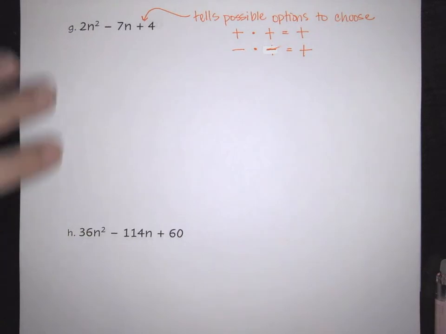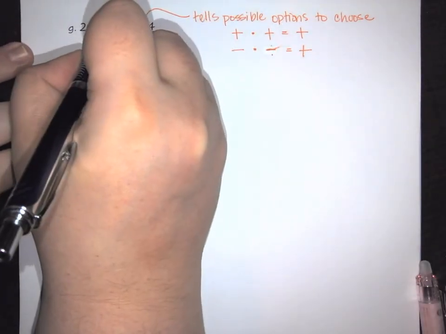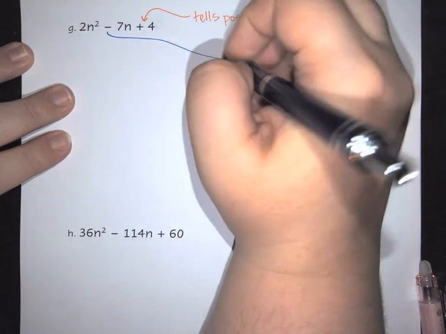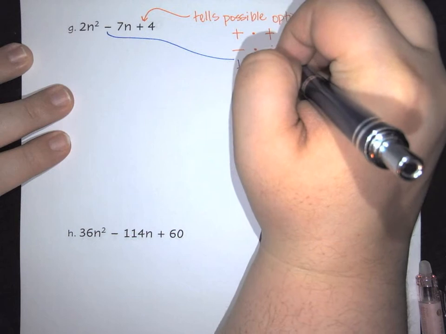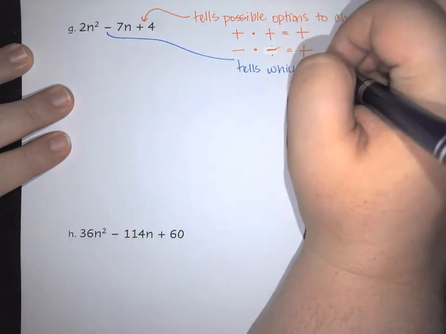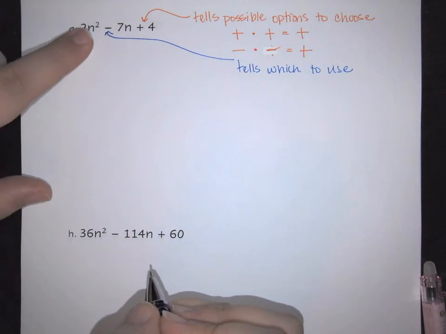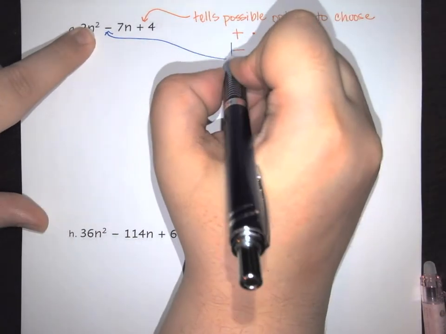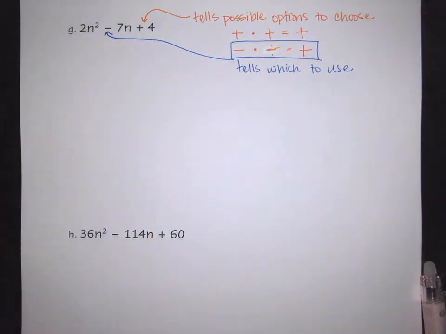And then we have the back term. So this one right here tells which option to use. Okay, so that's what this is. Since this is negative, what that means is that we are going to use the negative option.